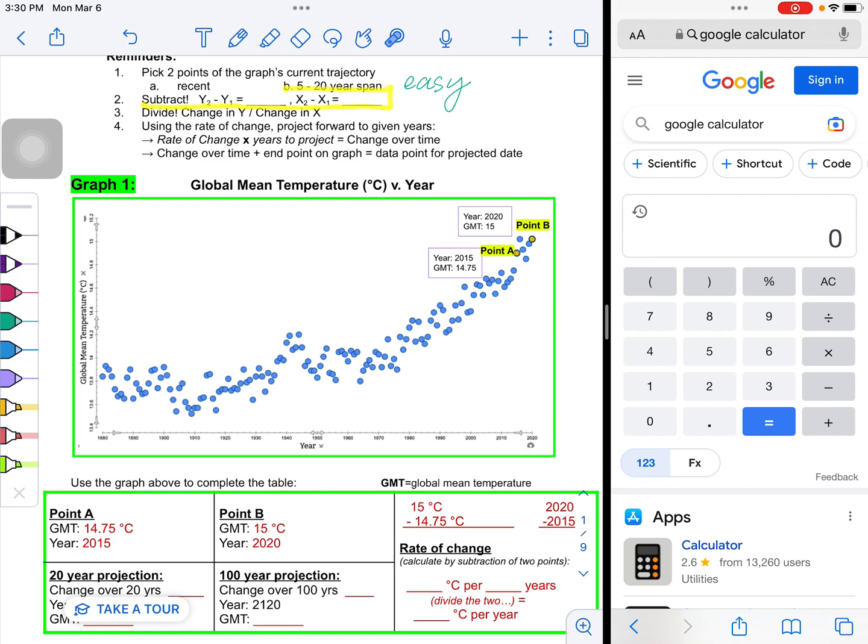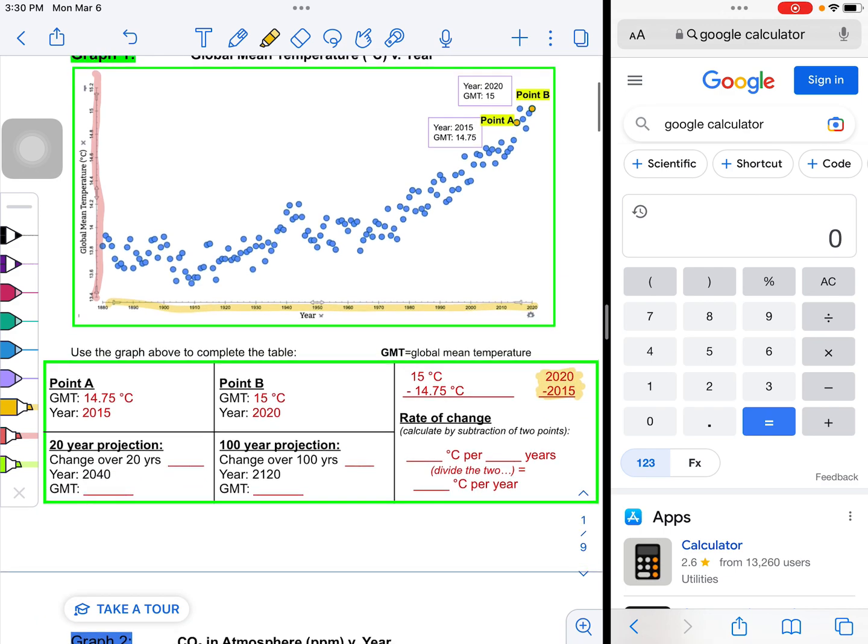Next is I need to subtract my y values and my x values. So a reminder here that this is our y-axis, which is our global average temperature, and here is our x-axis. So my x-axis is looking at our change in years, which of course, as I plug that into the calculator, we're looking at 2020 minus 2015, getting a total difference of 5 years.